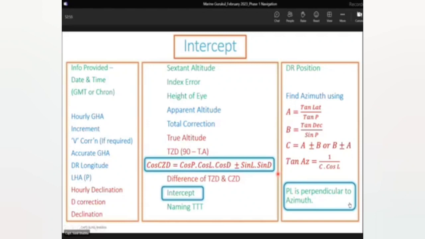Otherwise it is exactly the same formula, and it has been derived from the cosine formula only. So this was the full procedure of the intercept method, and once these two items are known, we are all set to plot the position line.